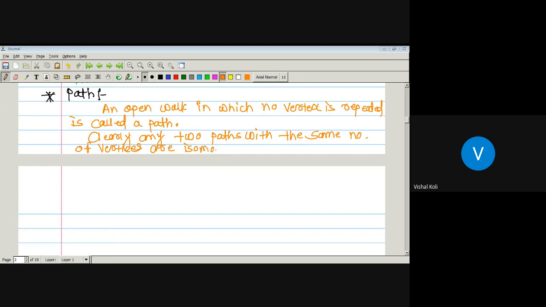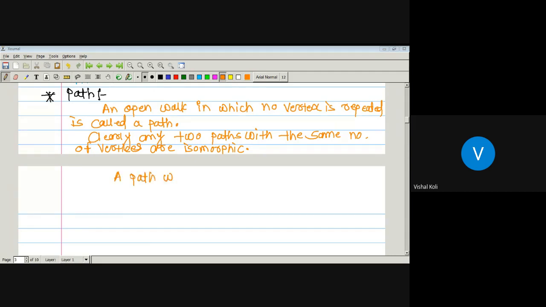Since by the definition of isomorphic graphs, there is a one-to-one correspondence between the vertices and edges of the two graphs. As here we have two paths having the same number of vertices, corresponding to each vertex we have one vertex in the other path, same for the edges also. So the corresponding two paths will be isomorphic.